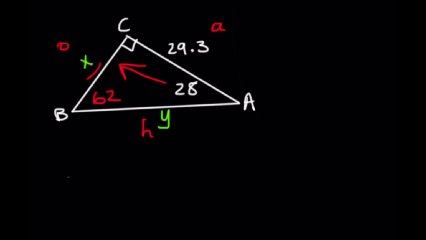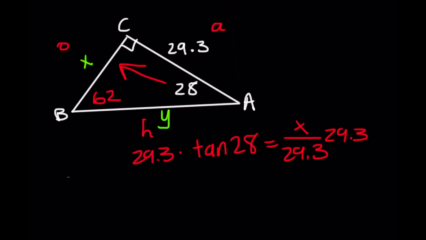So let's solve for X first. So that means X is opposite, and then this is adjacent. So that means we're going to be using tangent. So tangent 28 equals X over 29.3. So we just multiply each side.